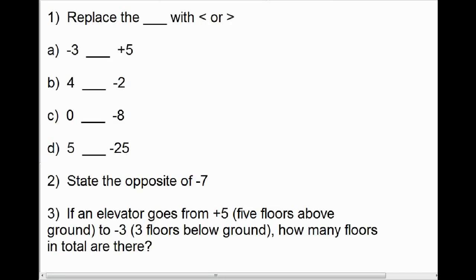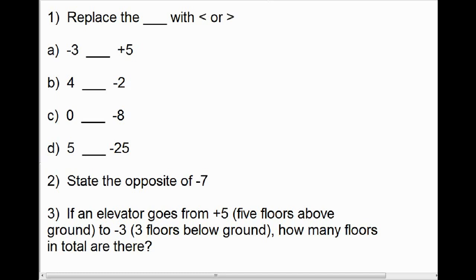So to finish off our introduction to integers, I'm going to ask you to answer a few questions here. Question number 1, there's a few that you have to answer there, but really all you have to do is just fill in the blank with either the less than or greater than symbol. Again, remembering that the value that's further to the right on a number line is the greater one. For question number 2, just state the opposite of -7.